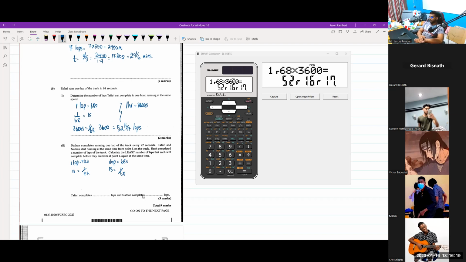I want to know when both of their distances are the same. I'm just checking the LCM here, right? 1224.